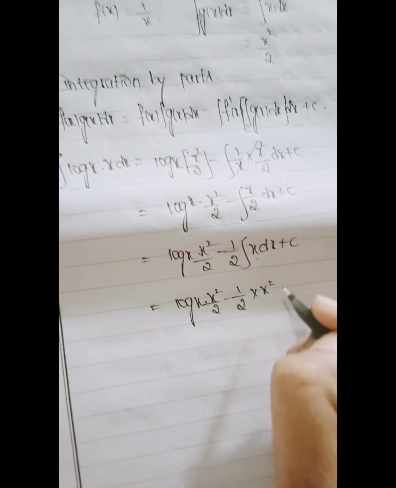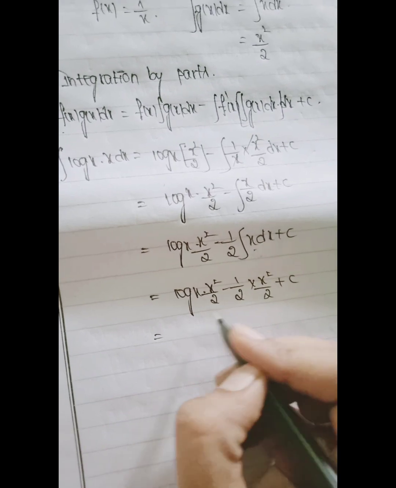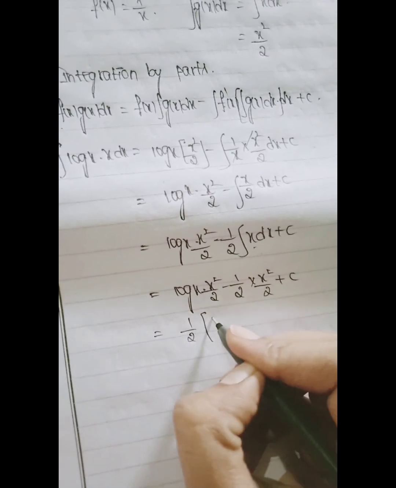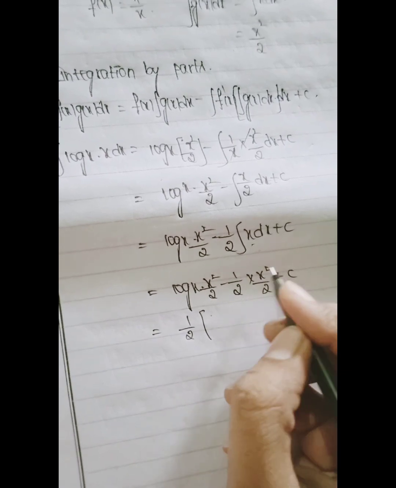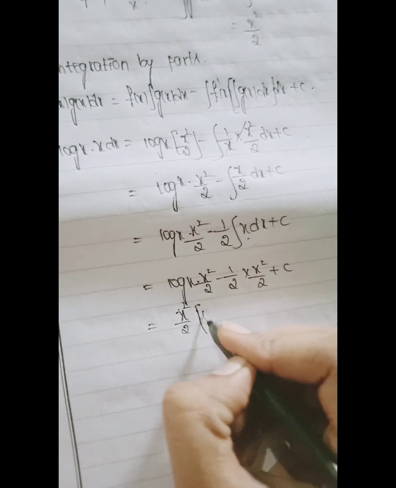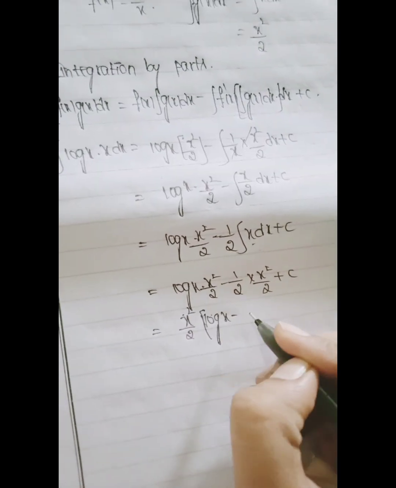In this we take 1 by 2 and x square common, so we get x square by 2 into log x minus 1 by 2, plus c.